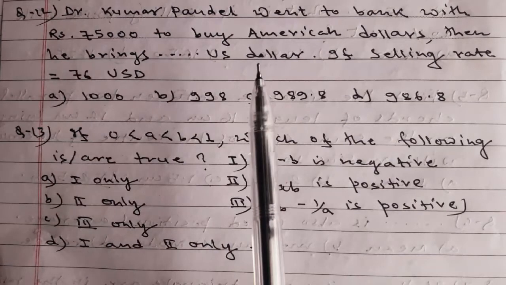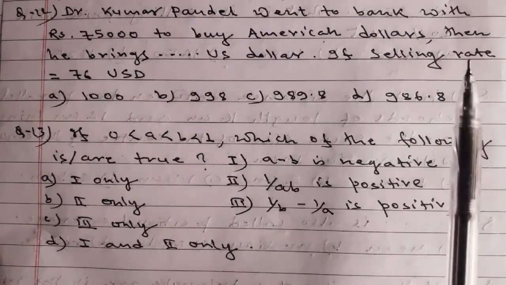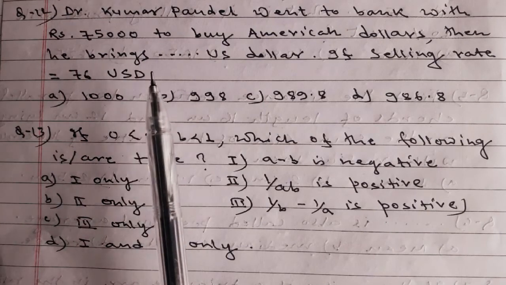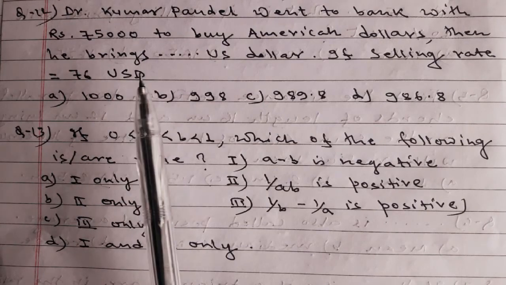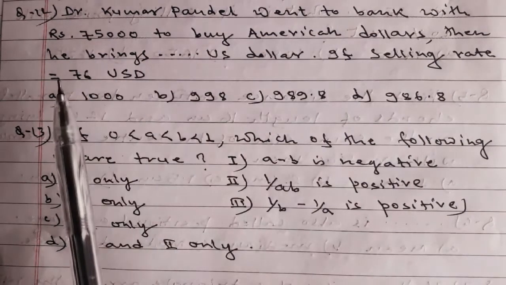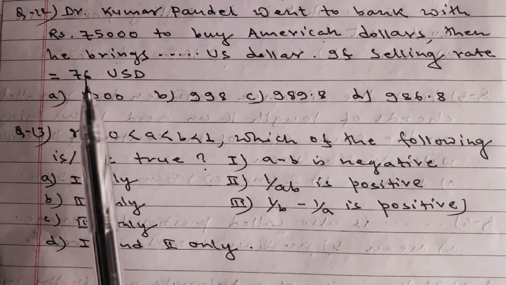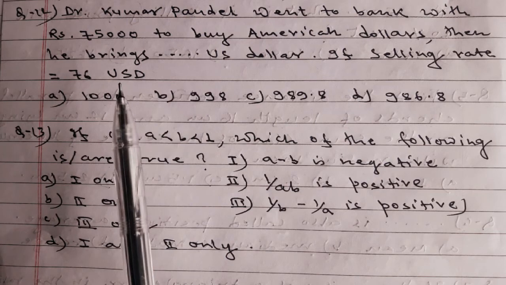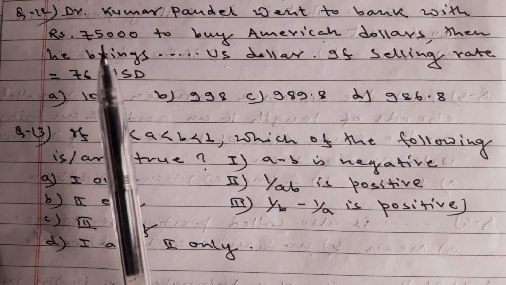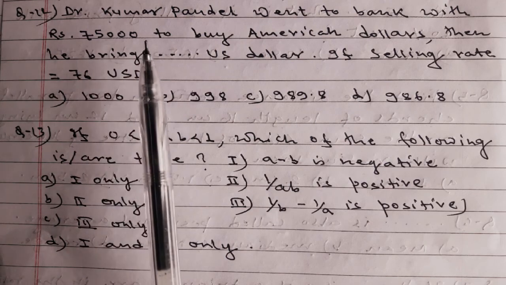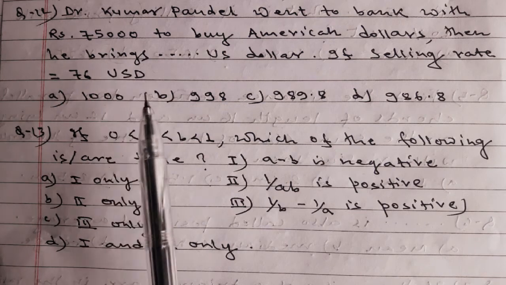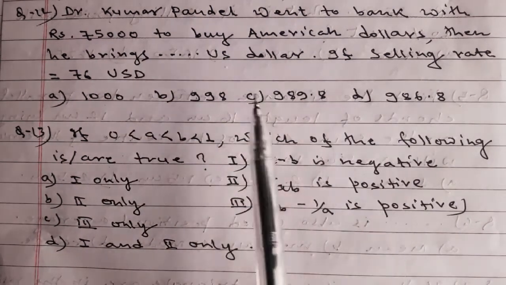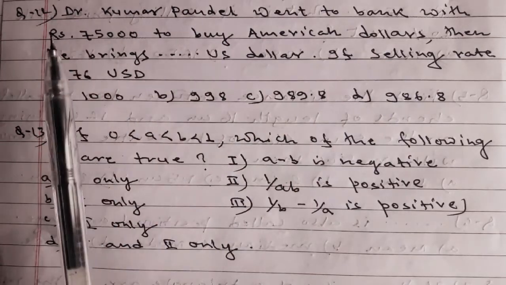Then he brings US dollars. If the selling rate is equal to 76 rupees per USD, United States dollar, that means if 76 rupees is equal to 1 USD, then we have to convert. We have to find the amount for rupees 75,000. We are given A, B, C, D 4 options and we have to find the right option. So let's go to the solution of question number 12.